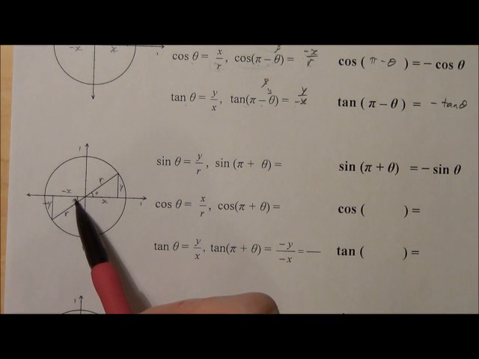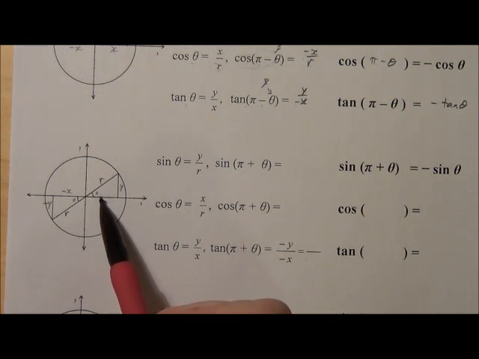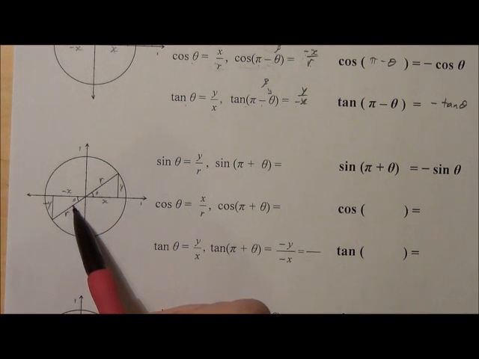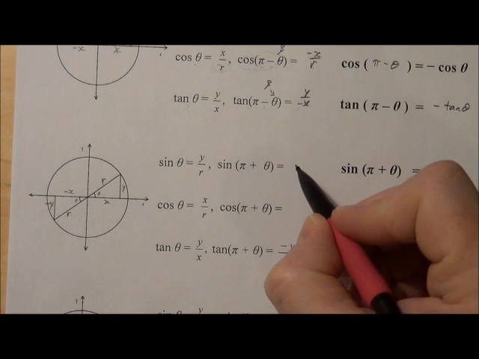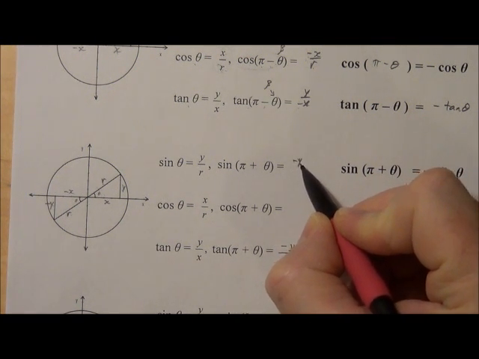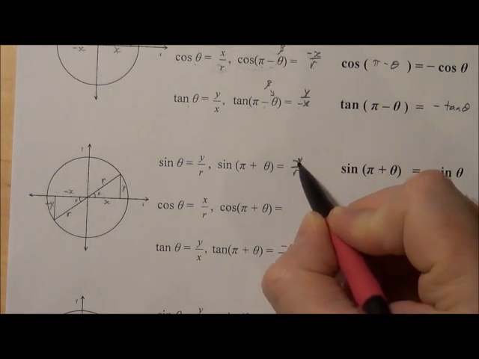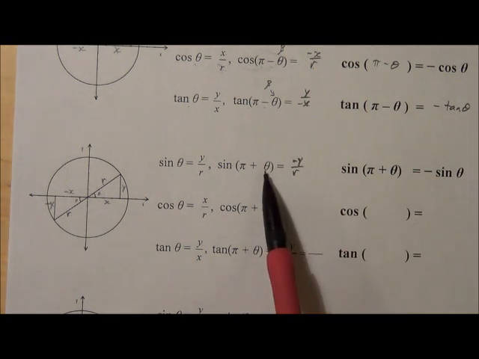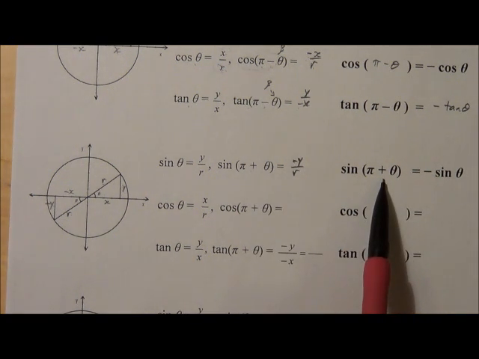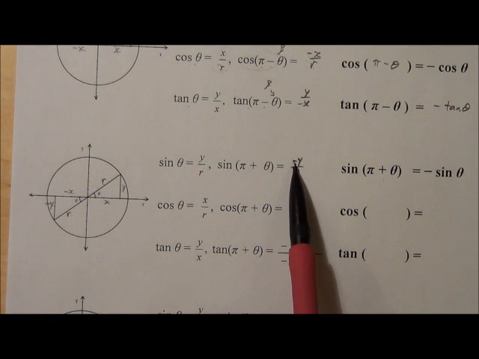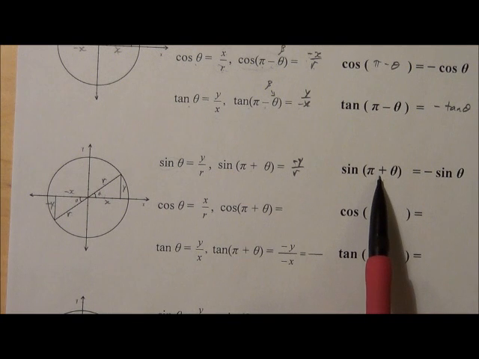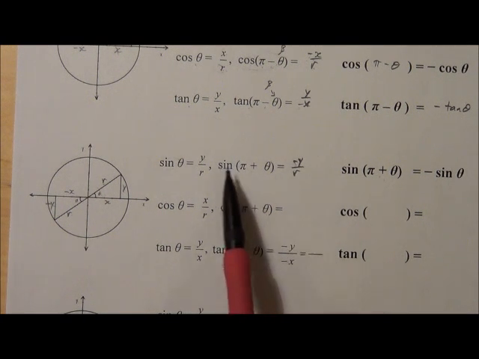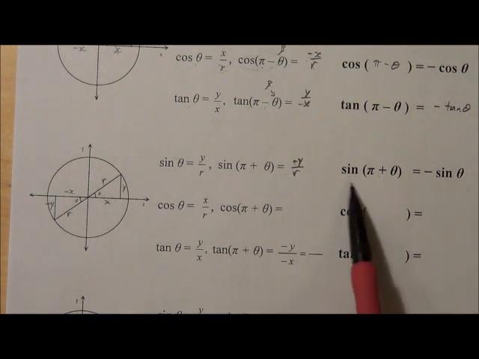Sine of pi plus theta, here this beta angle, the angle itself goes from the positive x-axis all the way around to the terminal arm. So that sine is opposite over hypotenuse, which is negative y over r. So the sine of pi plus theta is the same as negative, and because sine theta is y over r, sine of pi plus theta is negative of sine theta, as you see here.